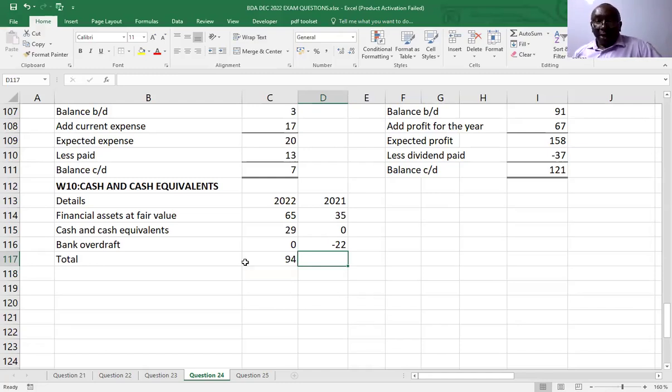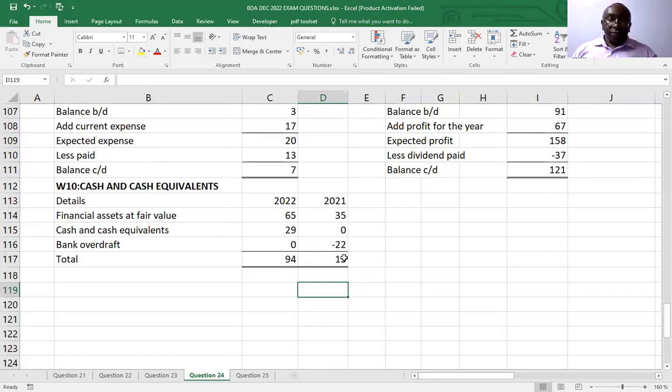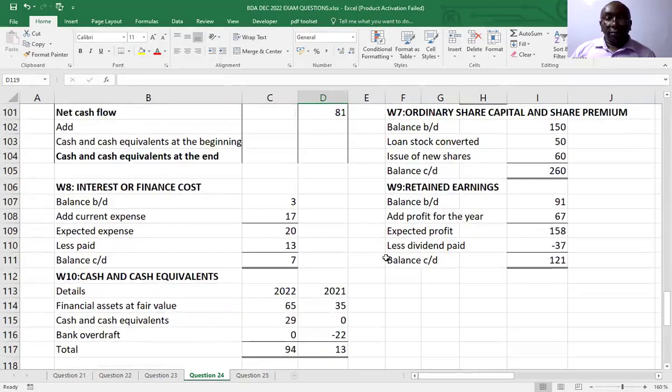So this one, if I just drag here, and then I can give them double. So sasa hii, we will add the opening.